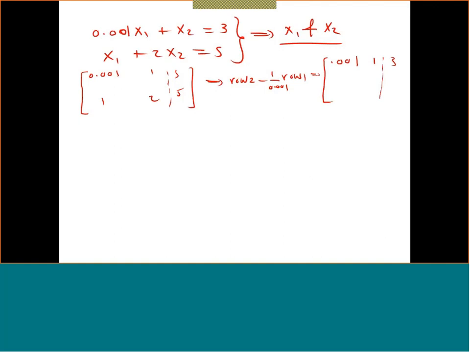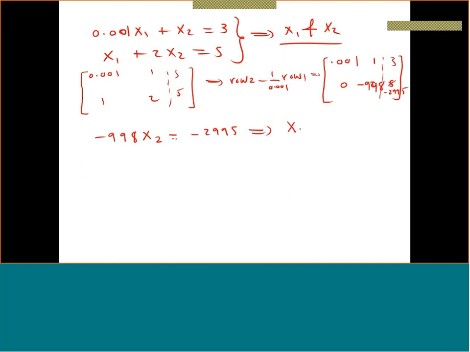Here I'll get 0, and sorry, this will not be 2. This will become minus 999, 998. And this becomes not 5 minus 2, 995. So minus 998 x2 equal to minus 2995.